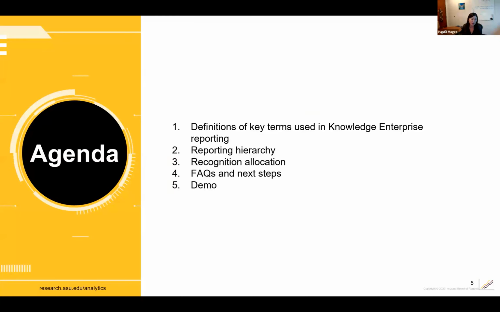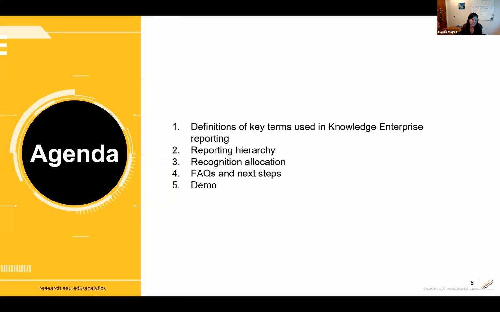And so here I like to introduce you to a few of those terms to avoid confusion. There are some things that are unique to our reporting. We have a specific unit hierarchy, and I will briefly go over that. All of our data through the ERA truly rests on the concept of recognition and what that means. And so we will also briefly share that.